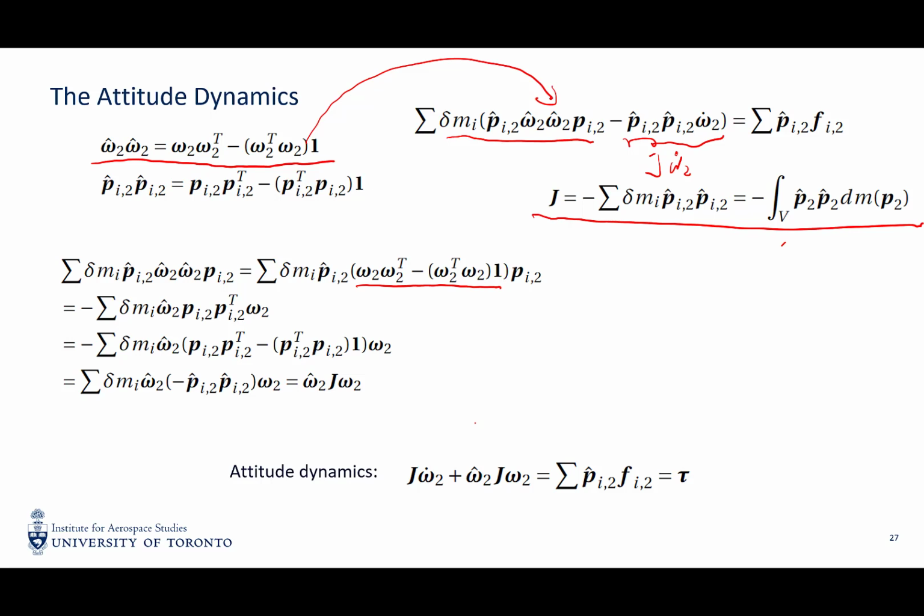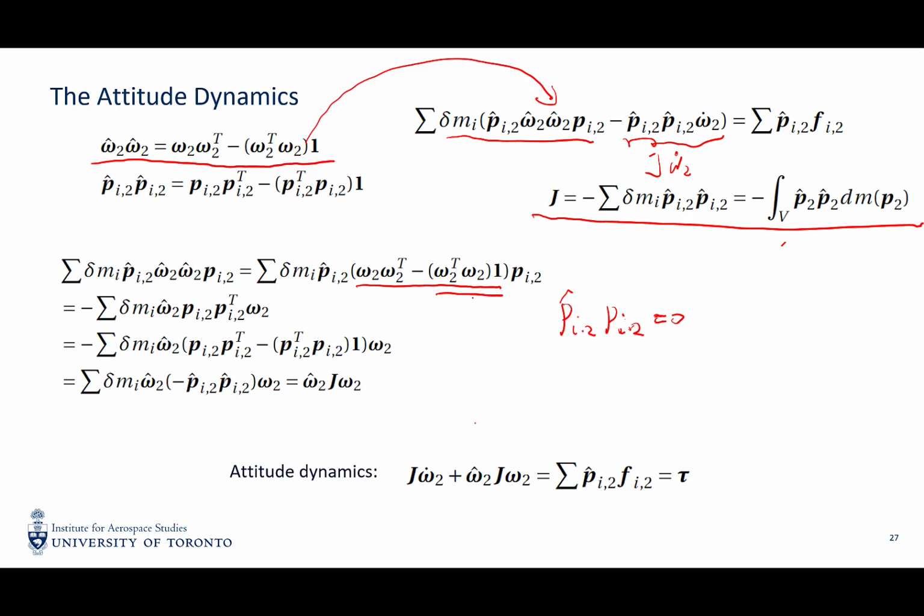And one thing is very important, that is, pi2 hat times pi2 is 0, because the hat is the skew symmetrical matrix formed by the cross product.